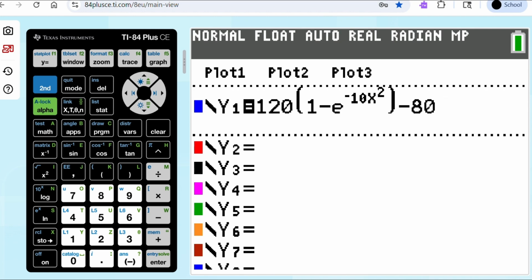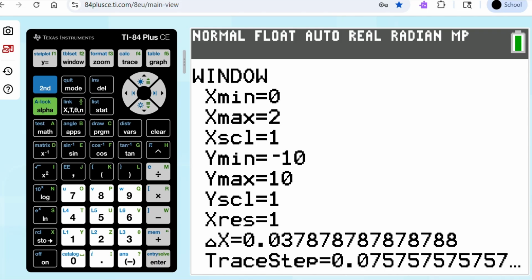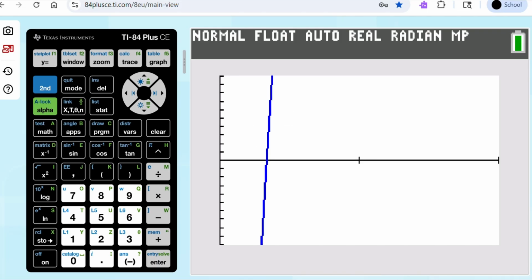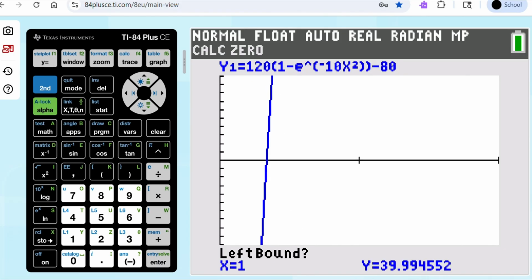So I'm going to hit window up here in the top left and change my x minimum and my x maximum to 0 and 2, so that that's all I'm looking at on my graph. And now we can see that when that equals 0 is when the car first hit 80 kilometers an hour. We'll hit second trace, pick option 2 for zero, and we'll have to scroll over a bit to the left here till we can see our cursor, because it started at x equals 1.